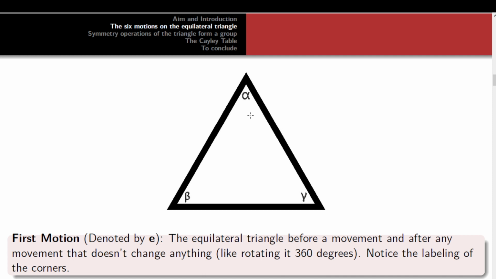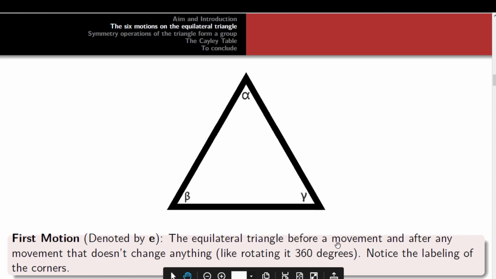So we are going to talk about the first motion. You have the equilateral triangle sitting here, you have the vertices alpha, beta and gamma. The first motion you can denote by E, and you can call it the lazy motion because we are not going to do anything at all on this equilateral triangle. So you are keeping the triangle as such. That is, we are not changing anything.